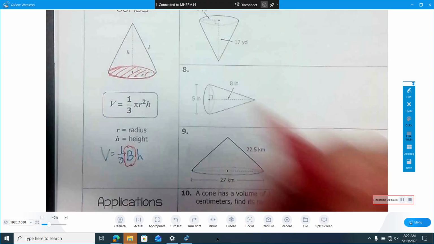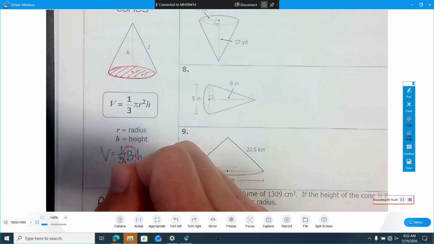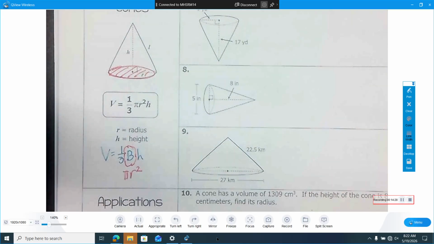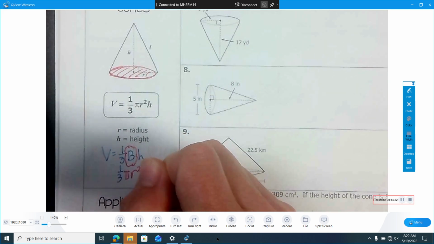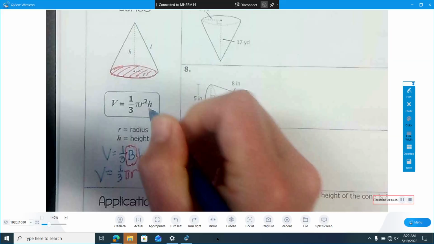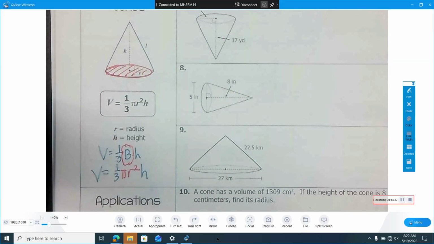So to find the area of that circle, it is pi r squared. We put the 1/3 in front and the height at the end, and that is where this formula comes from. It's not any different, but it is very common, and we use it a lot in higher math. So that's definitely one you want to know.